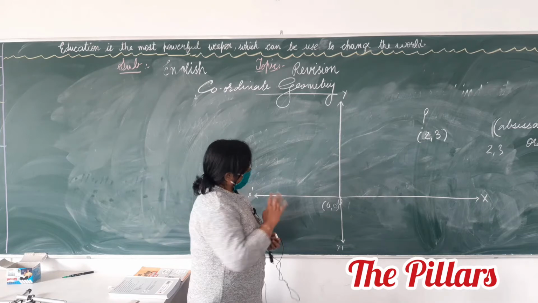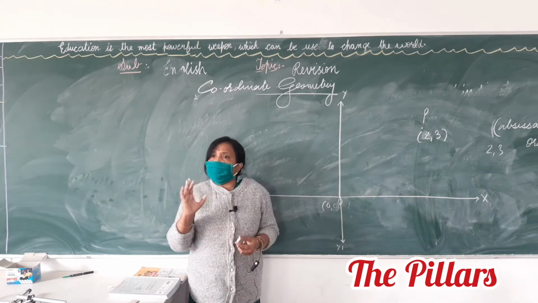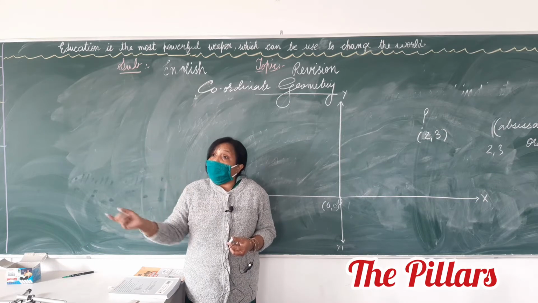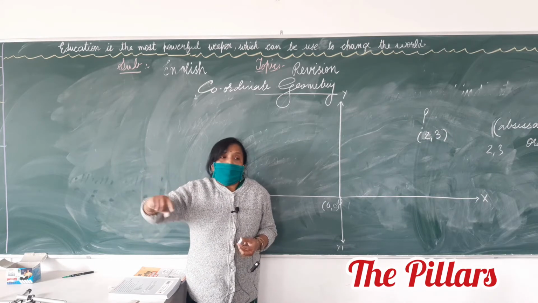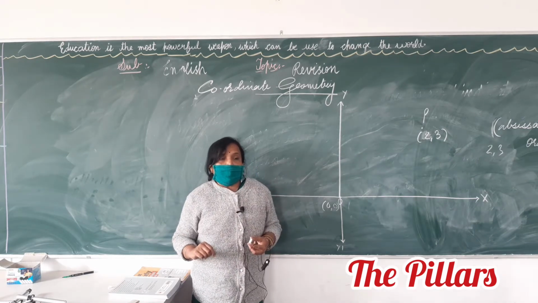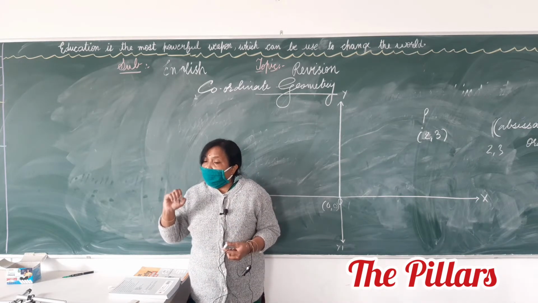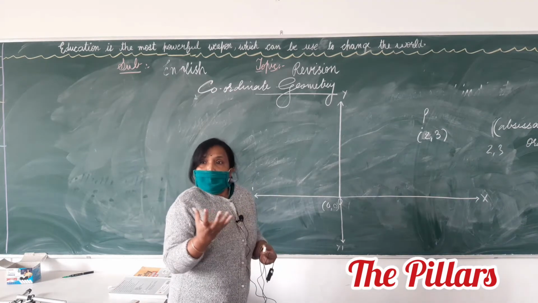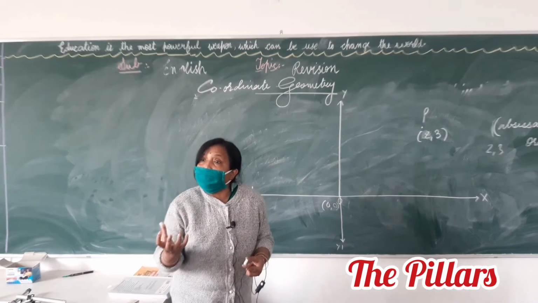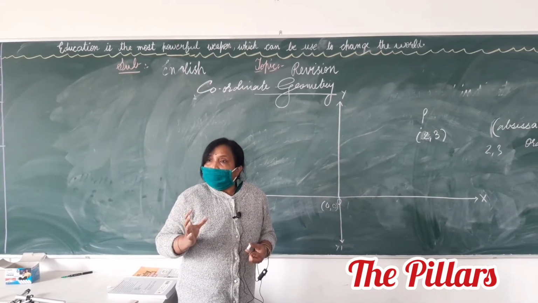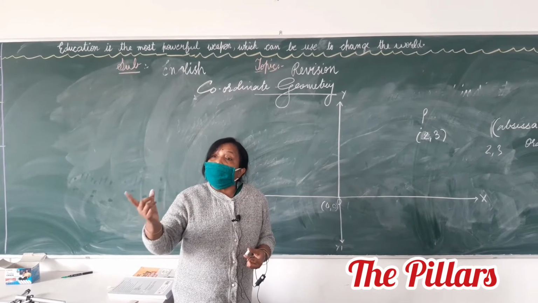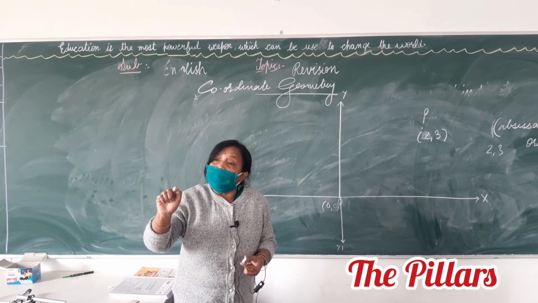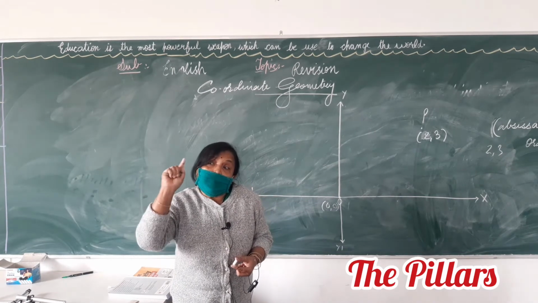Right, children? Now, if I ask you any point on x-axis, please write in your copy. If you have to assume or choose any point on x-axis, x comma 0. Any point on x-axis means there will be distance along x-axis, but no distance along y-axis.